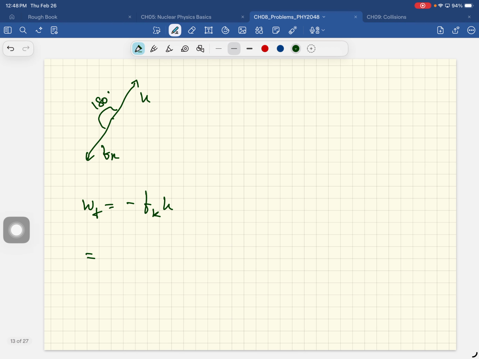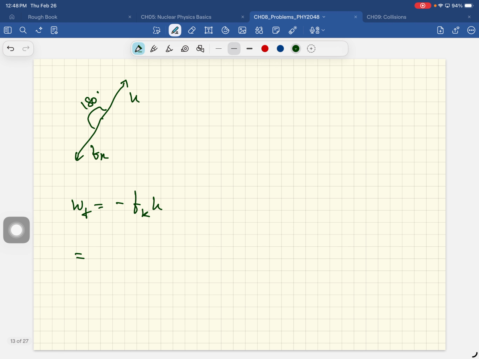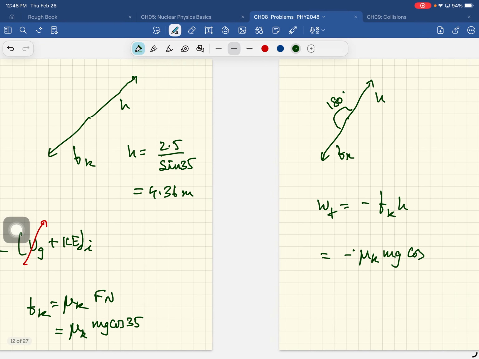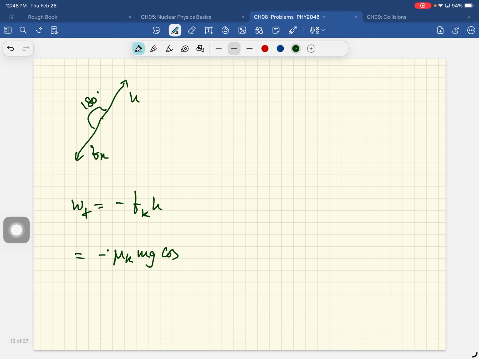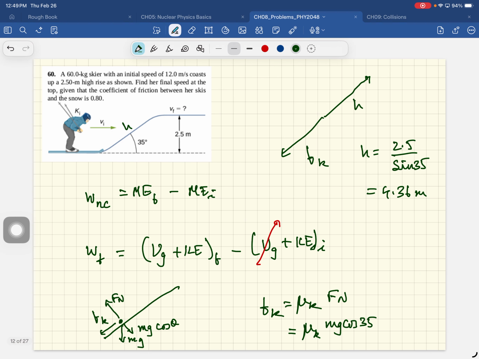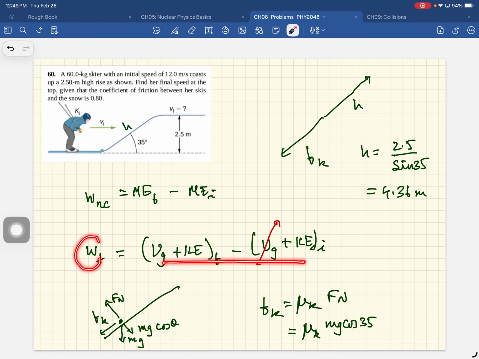Okay. So there's the work done by the friction force. And that is equal to, so the work done by friction force is equal to this. Okay?